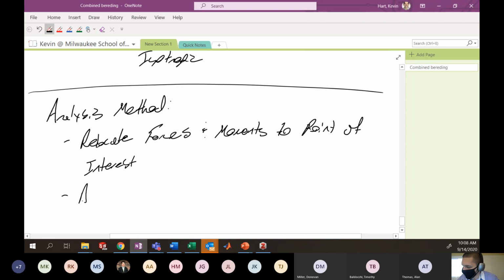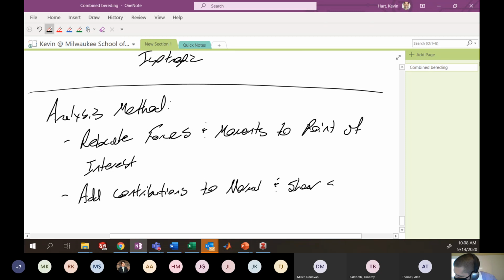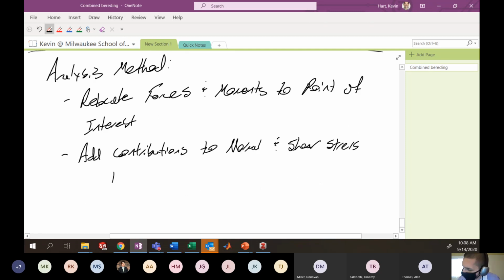Then add contributions to normal and shear stress from each element, each load or moment.